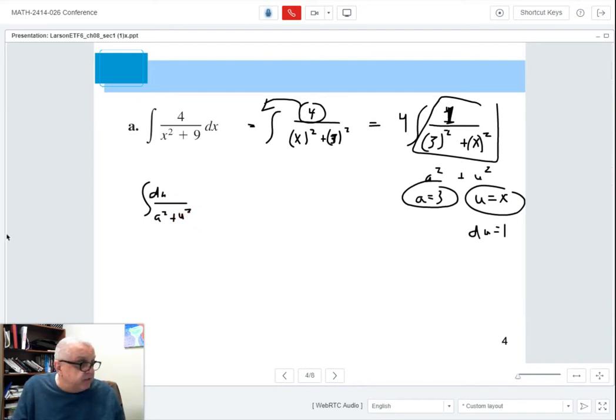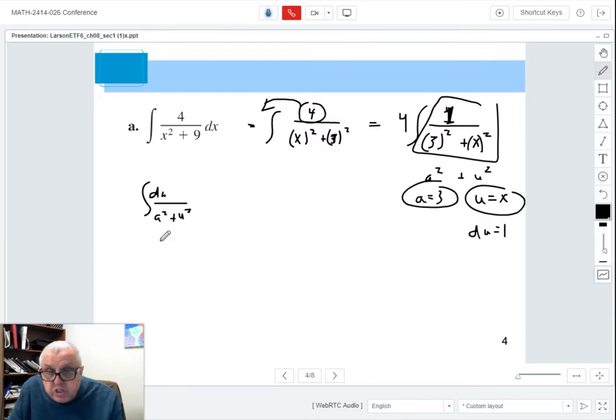And if you look at the formula once again, it changes to 1 over a arctangent of u over a plus c. So all we do, we are in this form. Du is 1, our a is 3, and our u is x.